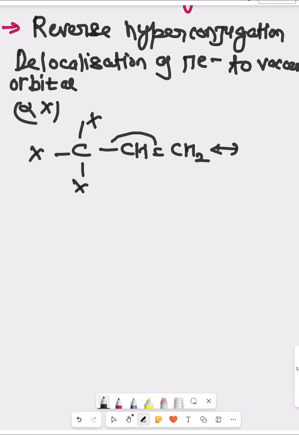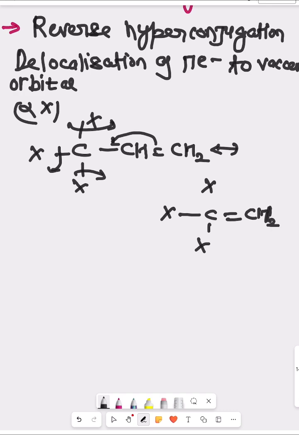Here your sigma electrons transfer like this. This can be transferred, this can be transferred, this can be transferred. So if you transfer this sigma electron, then delocalize it, that is the right term, this is your hyperconjugative structure.